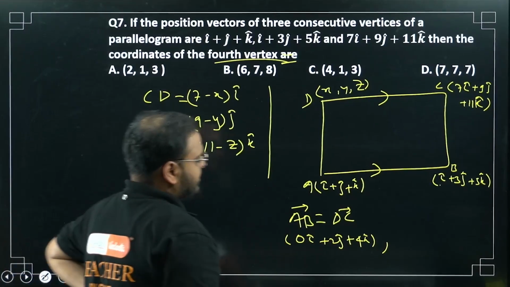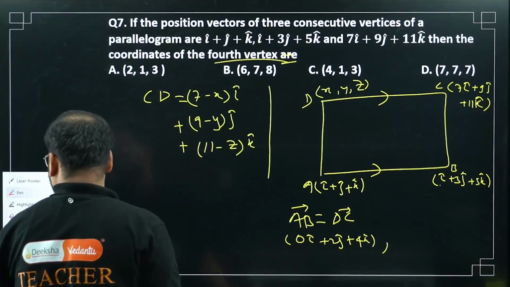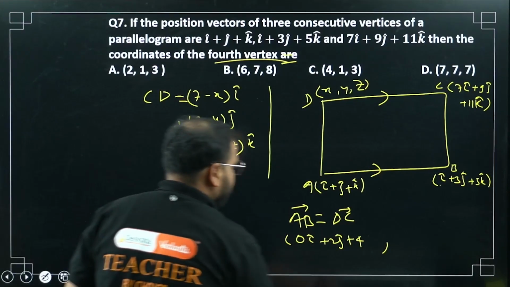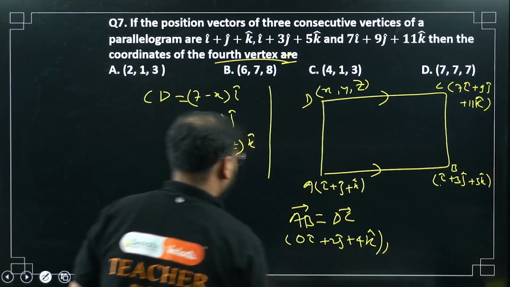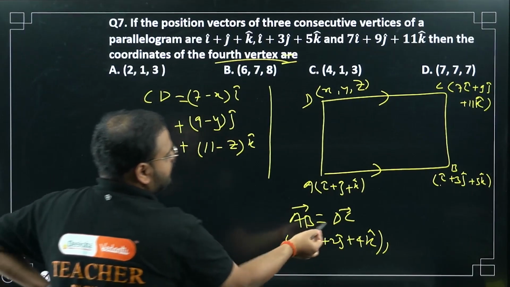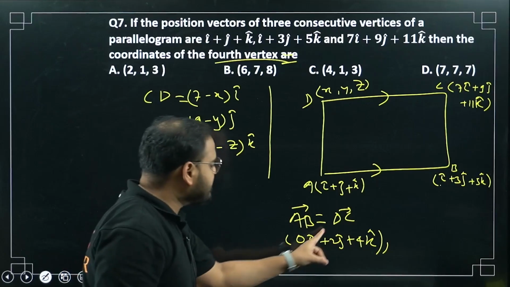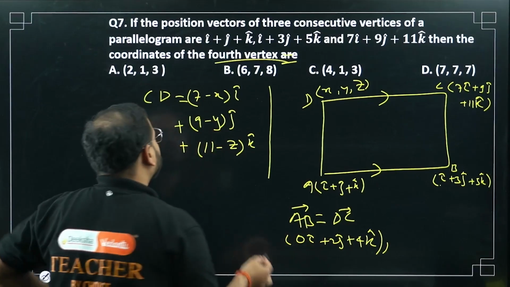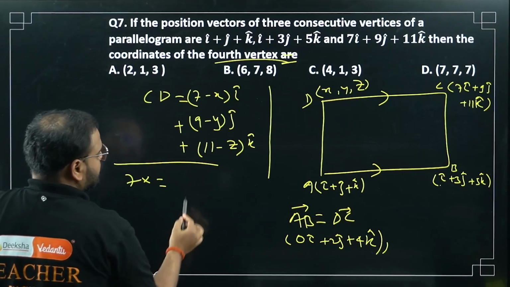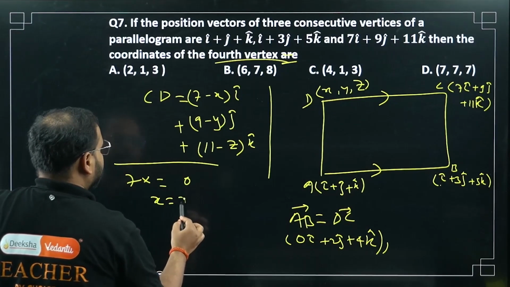Now please compare. Because they are equal, I can compare. Two vectors AB and DC being equal means the components have to be equal. Compare the first one: 7 minus x equals 0, so x equals 7.